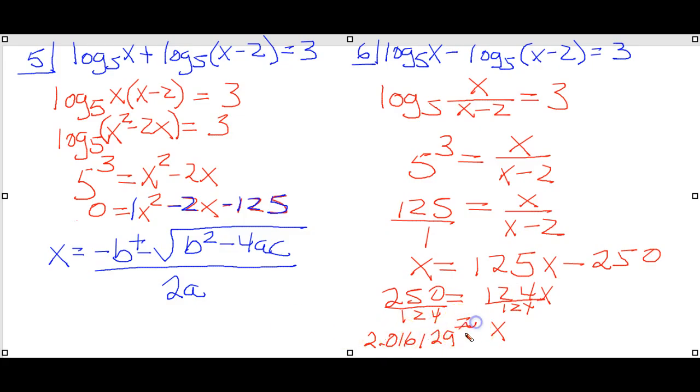And if we're going to round that off to 4 places, 1, 2, 3, 4, we would just drop that. Also, this could be given as a fraction. Divide this by 2, that's 125.